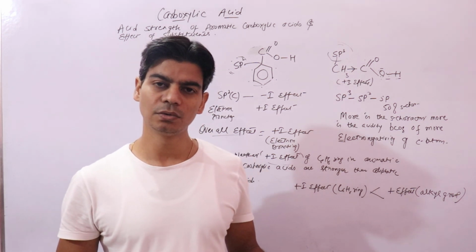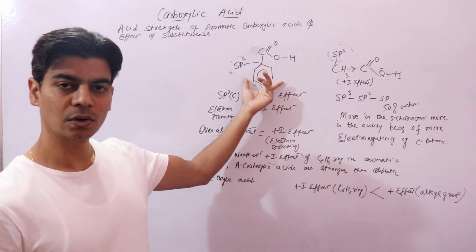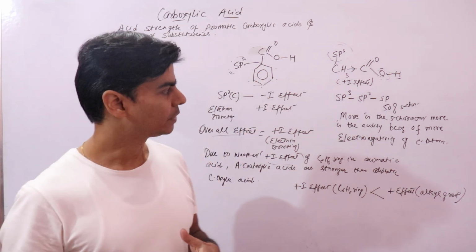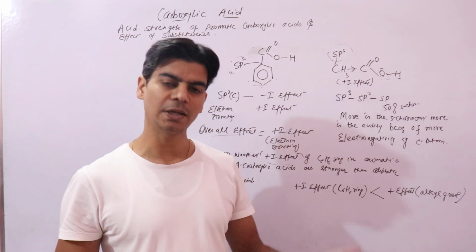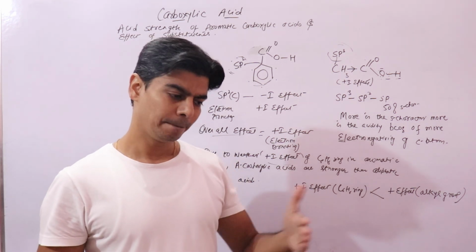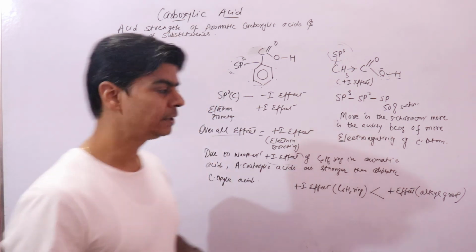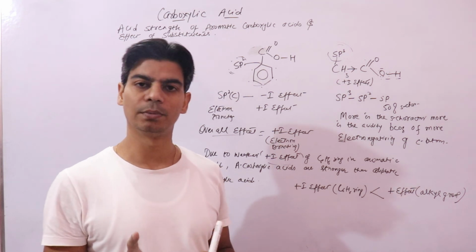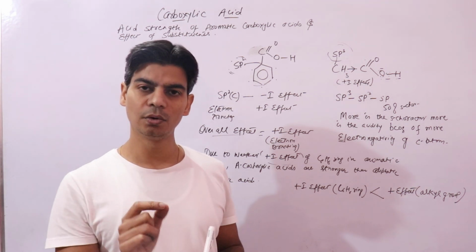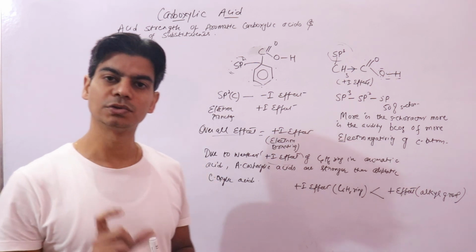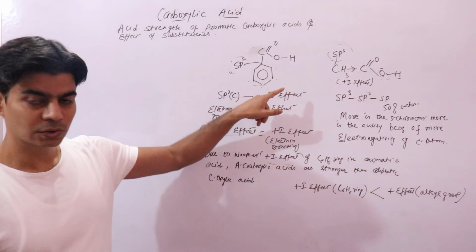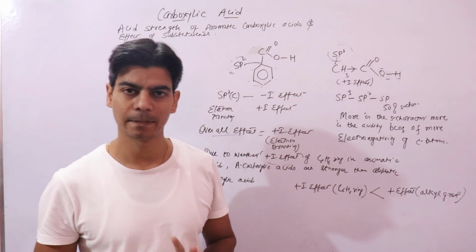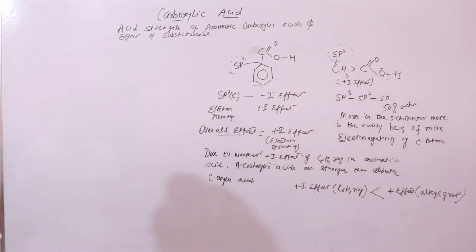So electron releasing group in case of benzoic acid or aromatic carboxylic acids also will decrease the acidic strength, right, whereas electron withdrawing groups like nitro group, Cl group will increase the acidic strength, right? And the position of the electron withdrawing group or electron donating group will also affect, right, whether the group is at ortho position, para position or at meta position, right? So let's quickly see.